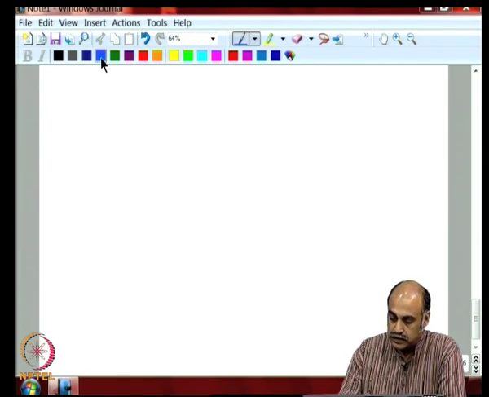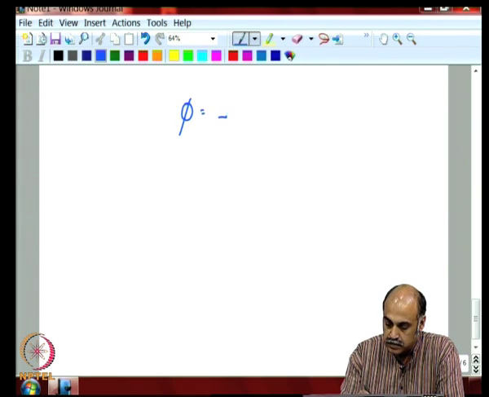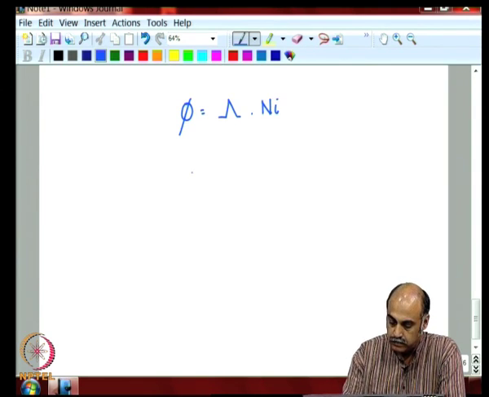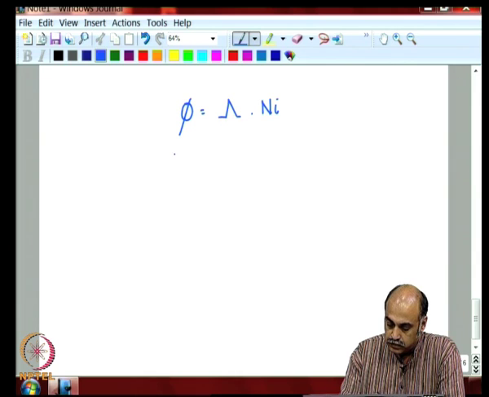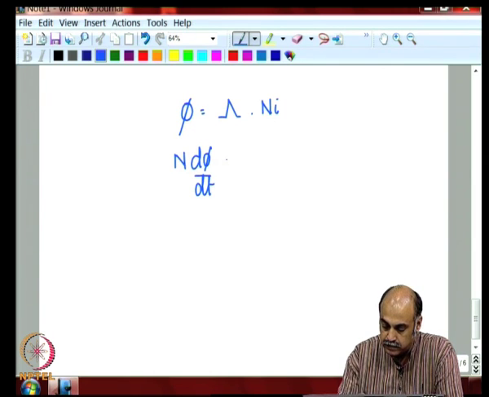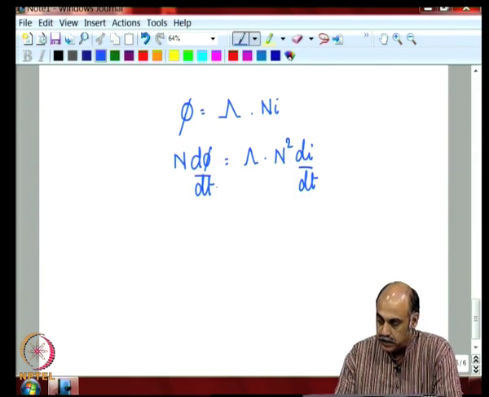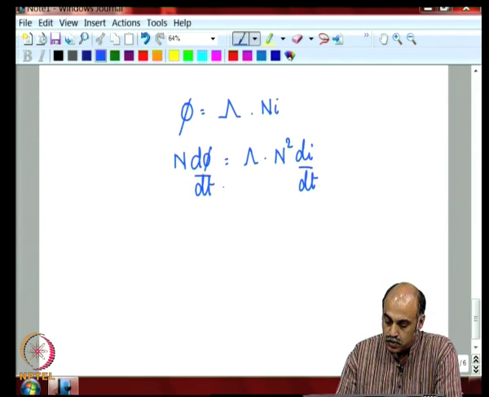So, now let us go further. Flux is permeance into MMF, which is Ni. So, I am multiplying both sides by N and differentiating with respect to time, giving N d phi by dt equals permeance N square di by dt. What do you see?